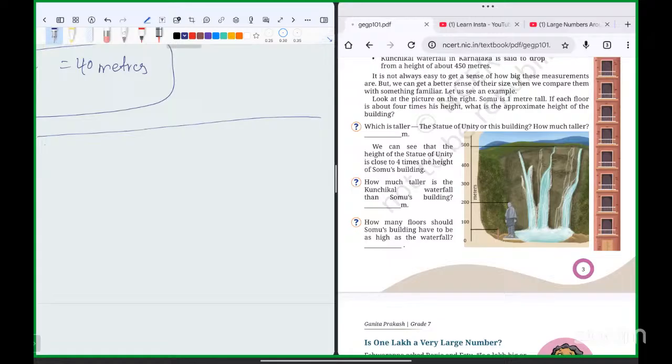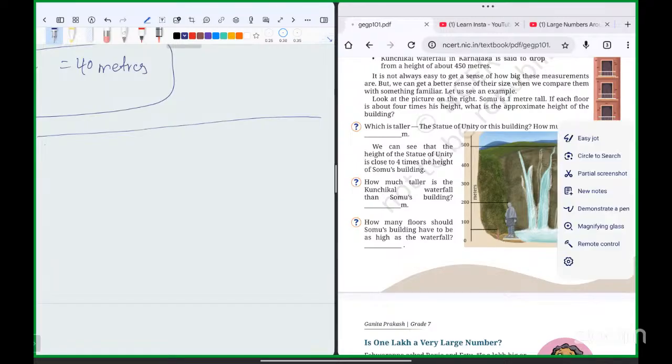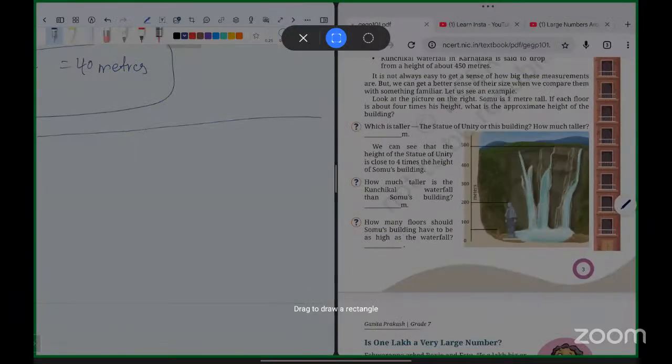So we are comparing the Statue of Unity to that building. How to find it? Firstly, we need to find the height of the Statue of Unity. Let us take the question.